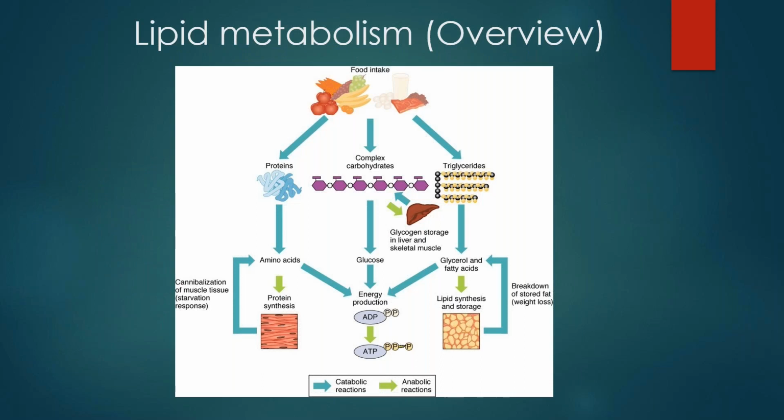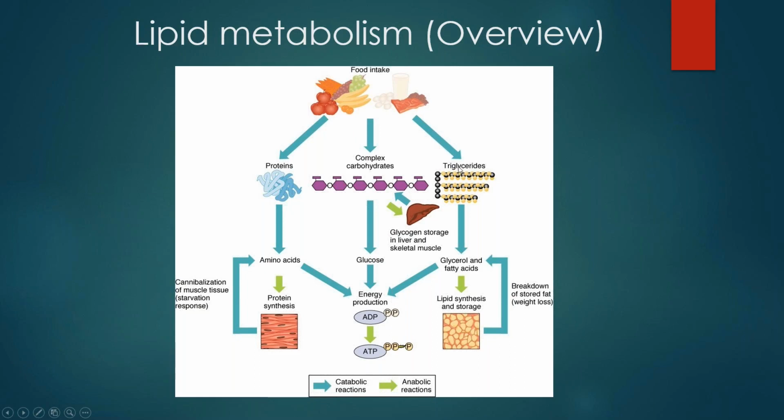First of all, this is a revision of yesterday's talk on catabolism and anabolism. Like carbohydrates, there are a lot of anabolic and catabolic processes which govern lipid metabolism. This blue arrow shows you the catabolic reactions.